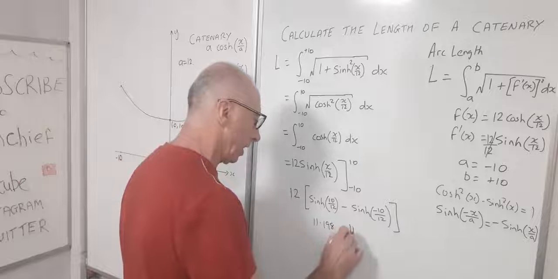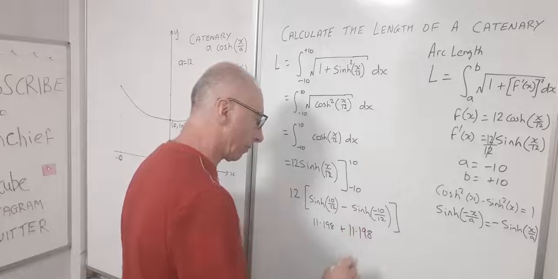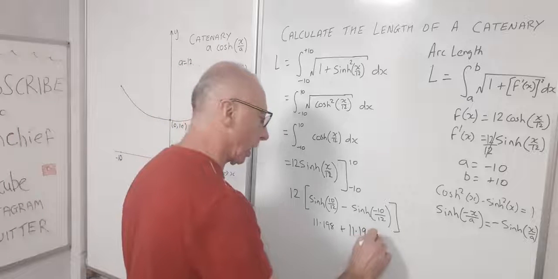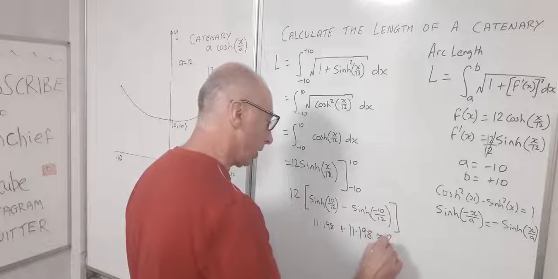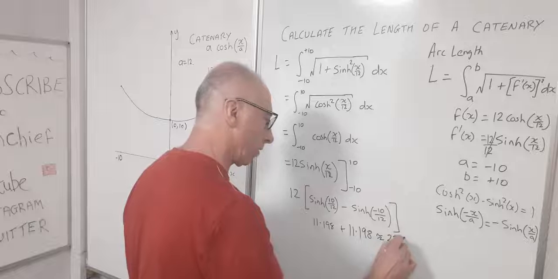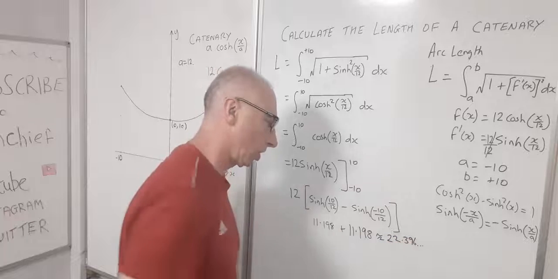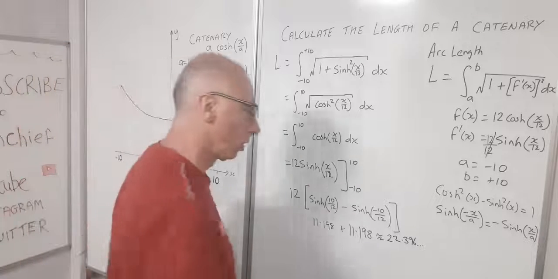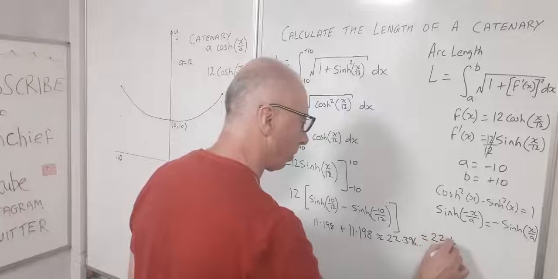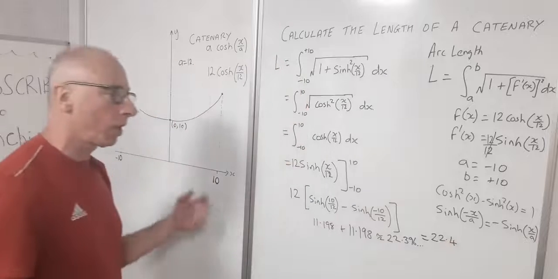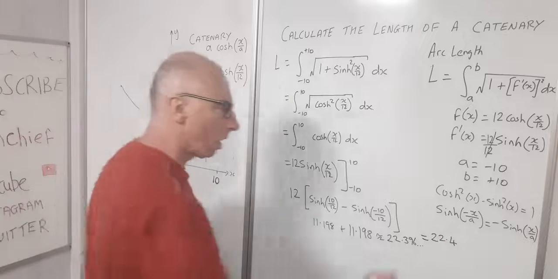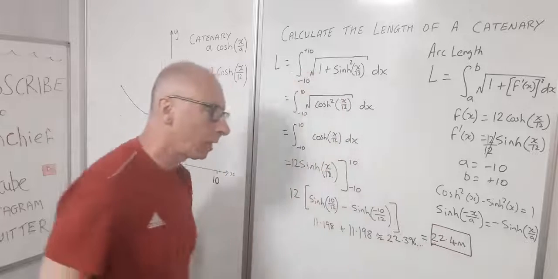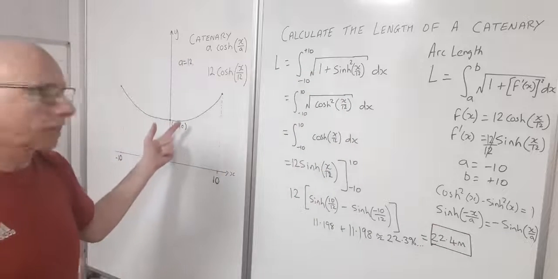So then we're going to add 11.198. Adding those together, we get approximately 22.396. If we round that to one decimal place, we get 22.4. And as we want our quantity in meters, our answer is 22.4 meters. That's the length of our catenary here.